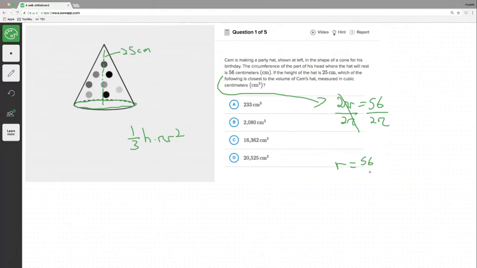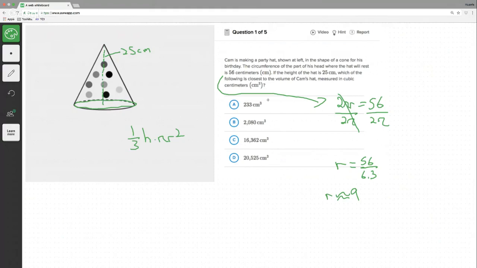Again, this is a calculator problem, but I'm just not going to use one if I don't need to. We're going to divide by 2 pi, which is about 6.3. Let me do a quick estimate. And again, you can use your calculator if you want. I'd say it's about 9. So the radius is approximately 9.